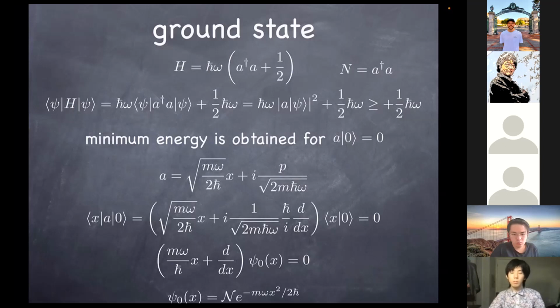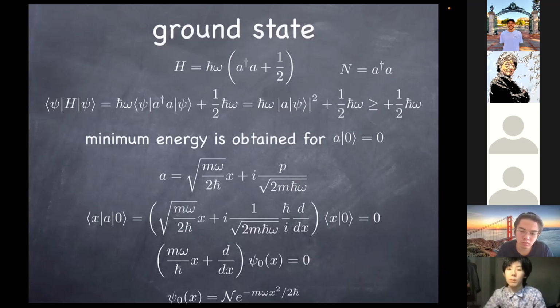So this is the beauty of the harmonic oscillator. You don't need to futz around with the second order differential equation. You can easily derive the ground state wave function using only the first order differential equation. Then you can easily see that it is given simply by a Gaussian.